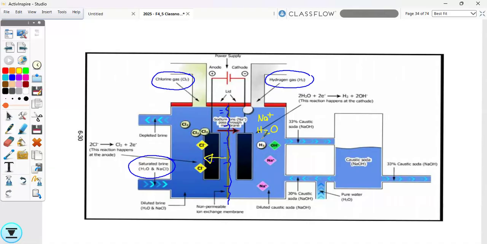The water forms the hydrogen gas, which is collected on this side, and the sodium ions are just swimming around. But that's nice, because as soon as the hydroxide ions are forming, they combine with the sodium ions, and that is what gives us our NaOH as our last product.